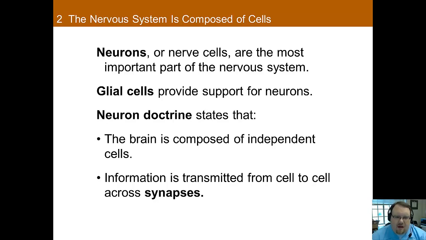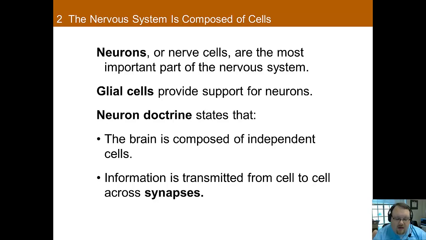It was debated early in the history of biological psychology whether each neuron was independent or whether they created a long chain that was unbroken, like a really long neuron. And this was actually settled based upon the work of Ramon Cajal, a biologist who helped us come up with the neuron doctrine.